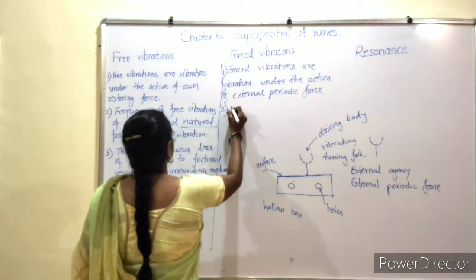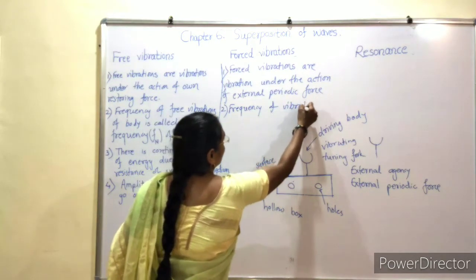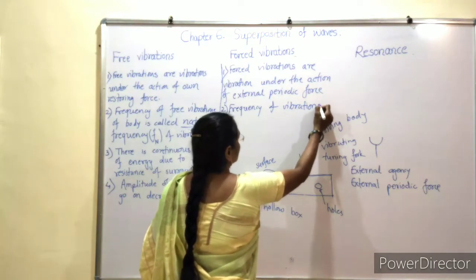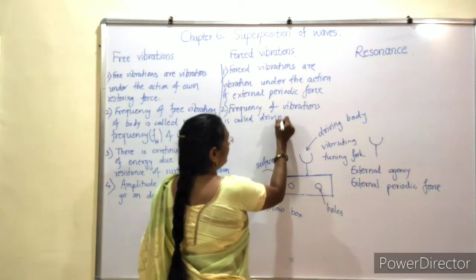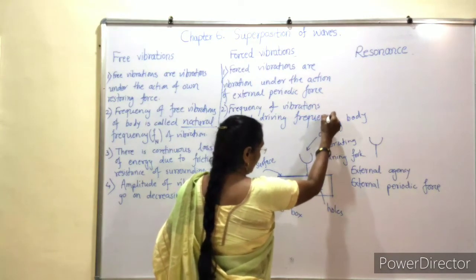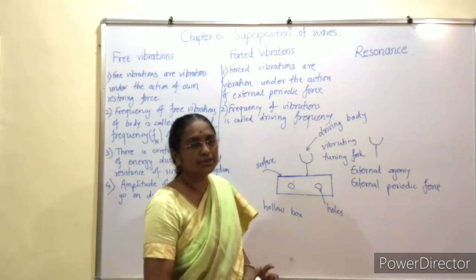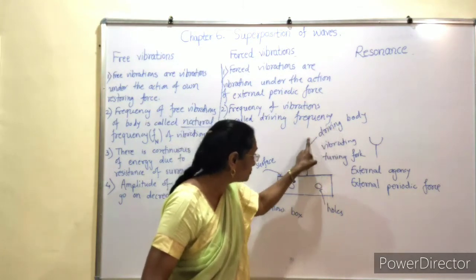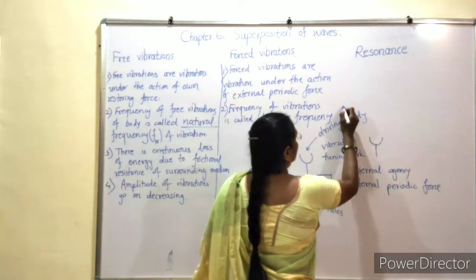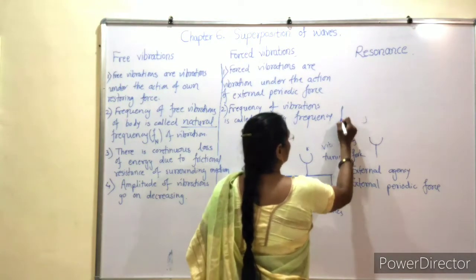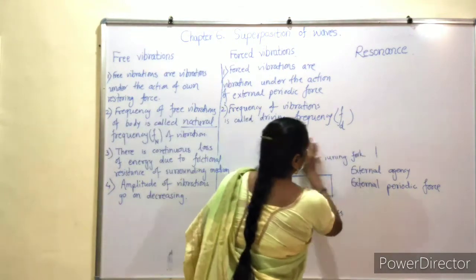So this frequency of vibration is not natural frequency, it is called the driving frequency. The frequency of this box is natural frequency, but now it is vibrating with the frequency which is provided by this tuning fork. Therefore, it is called a driving frequency. Usually, frequency is denoted by F. Here, we denote it by Fd.